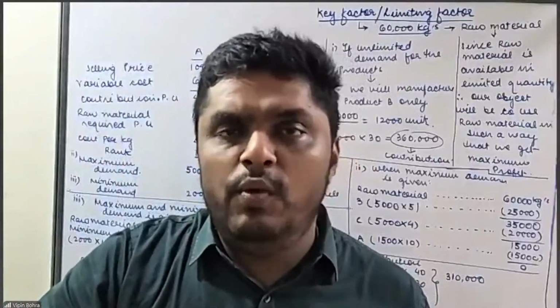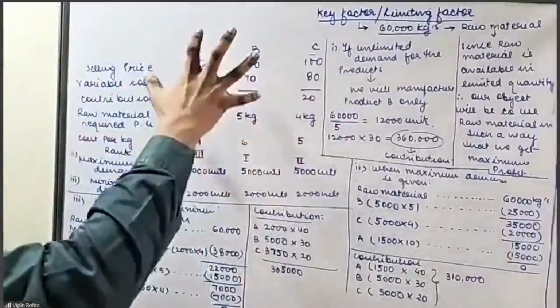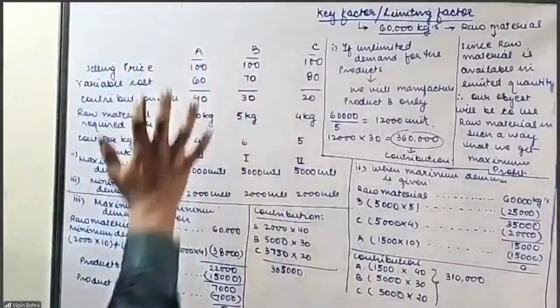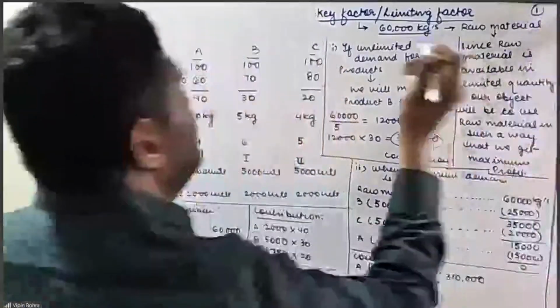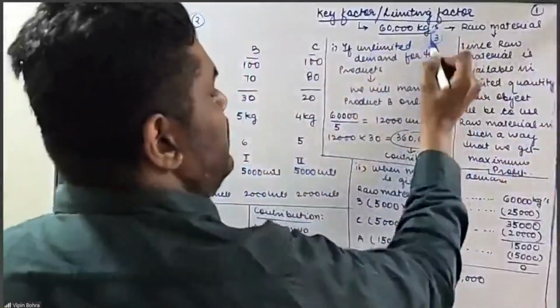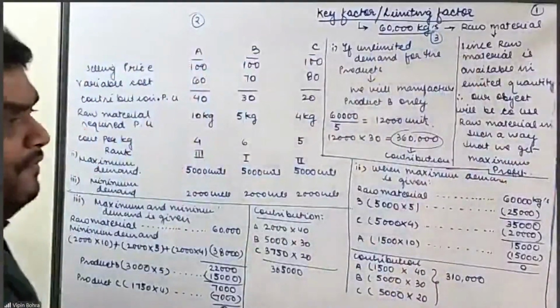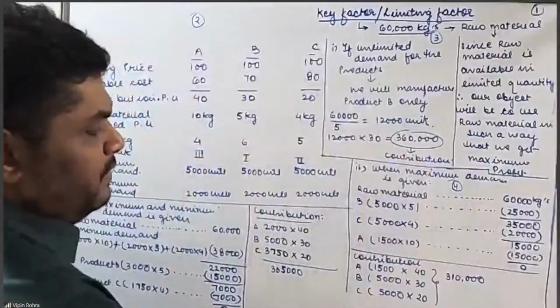I'll be discussing a few more points on key factor, but I request you guys to copy this part. First part is this one. Second is this one till here. Third is this one. Fourth is this one. This one complete.